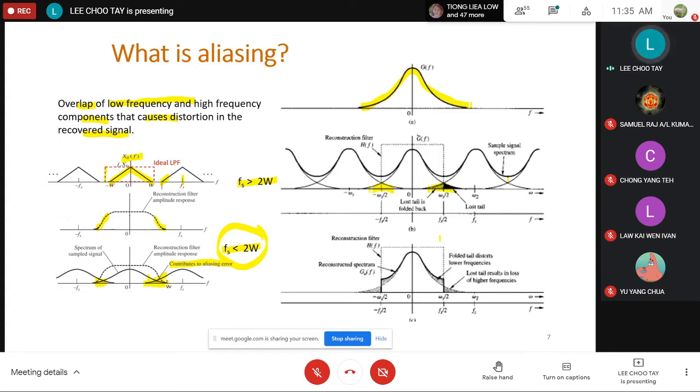So what is aliasing error? Because these two spectra overlap, you see that the resultant sampled signal spectrum is going to take this shape.